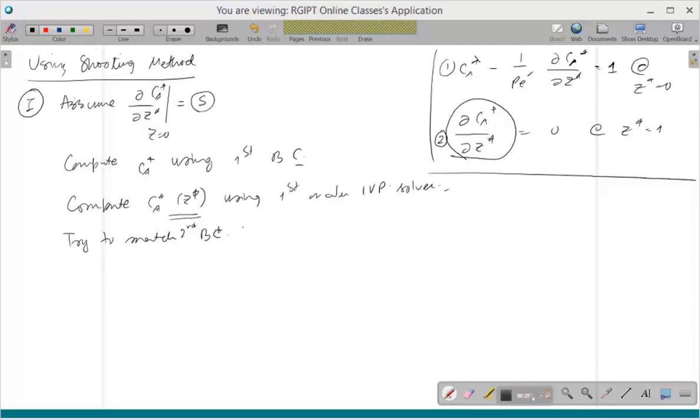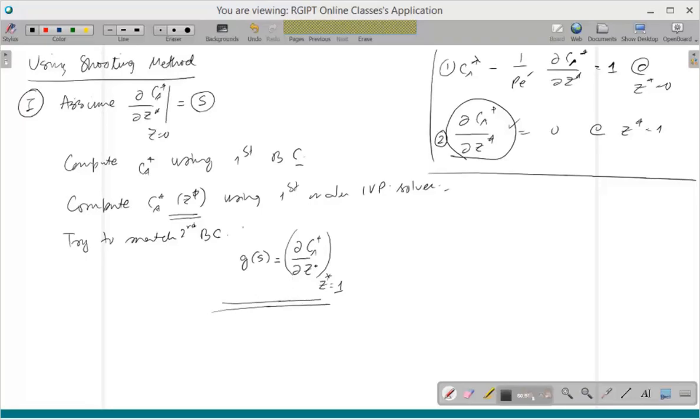So you can define G of S, that is the error. You want this quantity to be 0. So basically dC star by dZ star at Z star equal to 1, that would be your G of S.